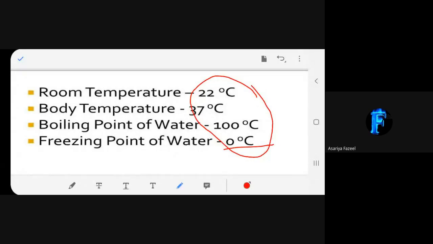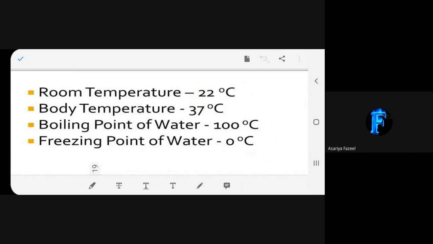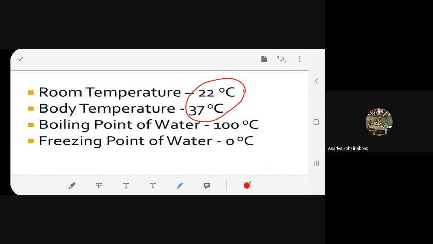So what new thing you understood today? Just now? These two things you have understood. Yes or no? Are you understanding what I'm saying? Room temperature minus 22 degrees.